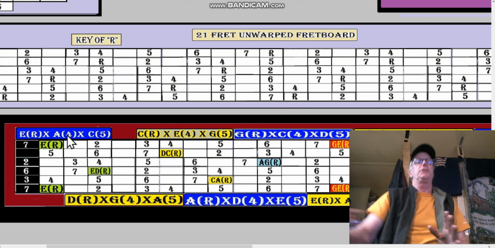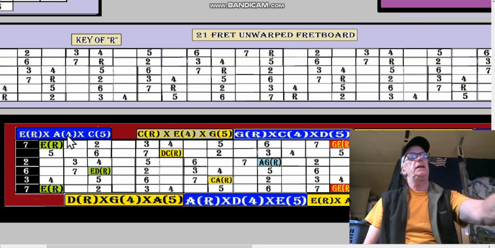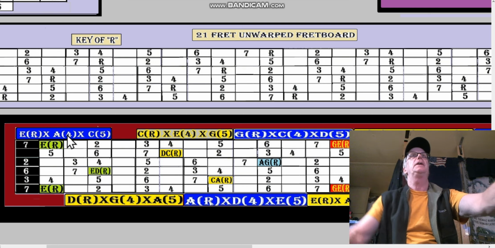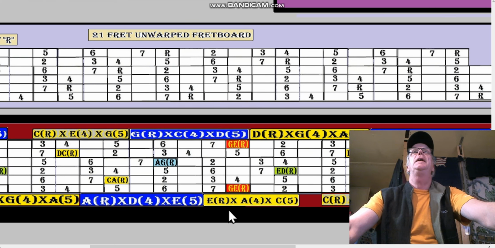Look at the CAGED system. A pentatonic descending scale: C, A, G, E, D. Look at this: E, D, C, A, G, E, D. Right there: C, A, G, E, D. That is the CAGED system.